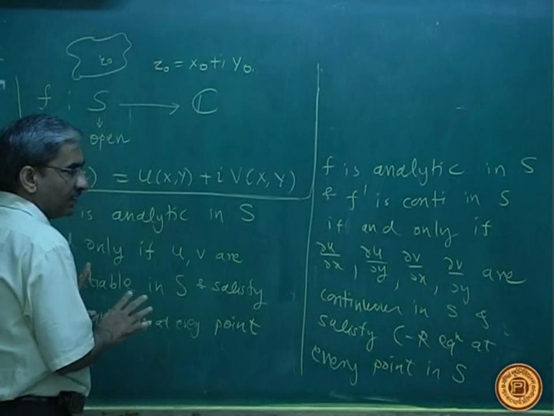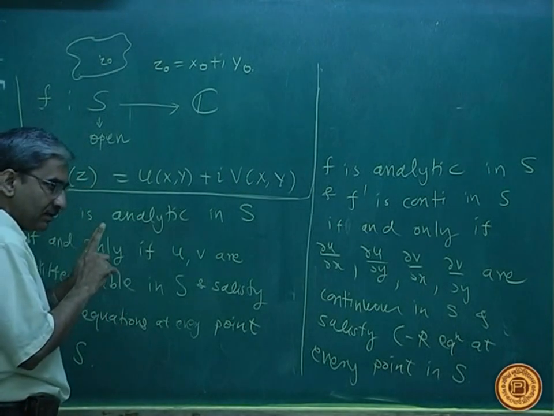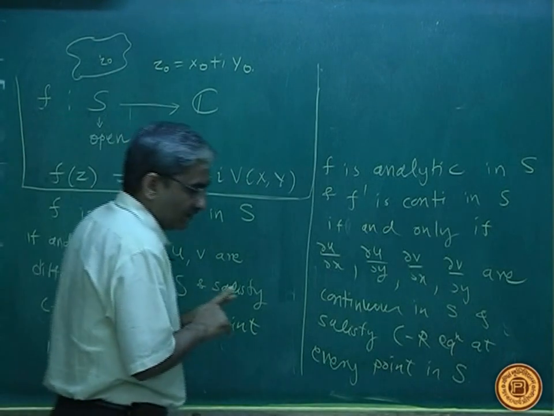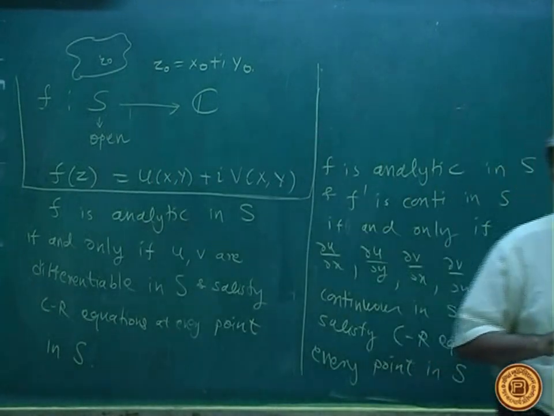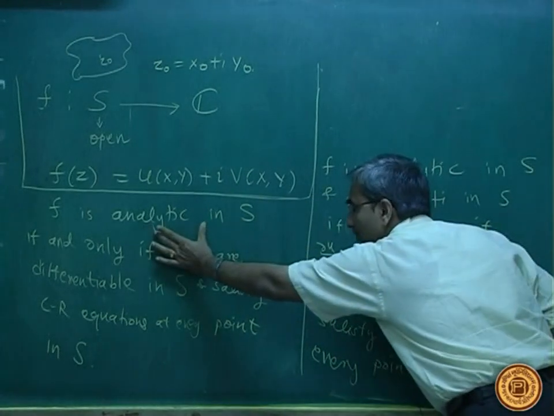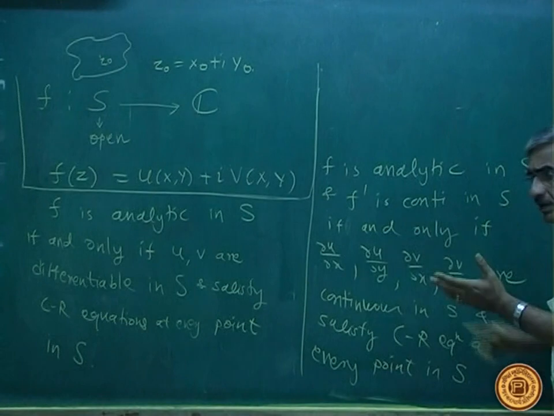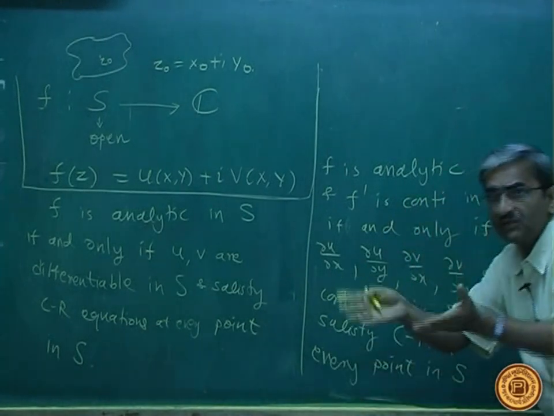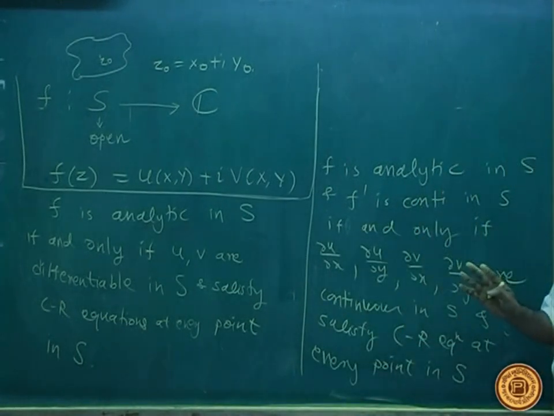Is this clear? Later on we will see, for that we may need some more theory, but then it will follow that if f is analytic, then I don't have to again say that f dash is continuous and all that. It will automatically follow. In fact, f dash will be differentiable. So f dash will be also continuous naturally.